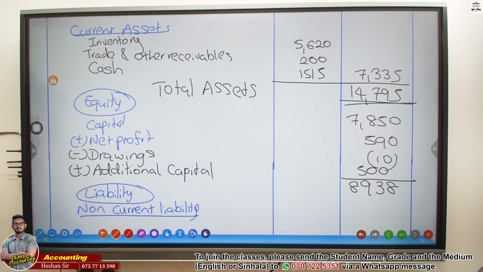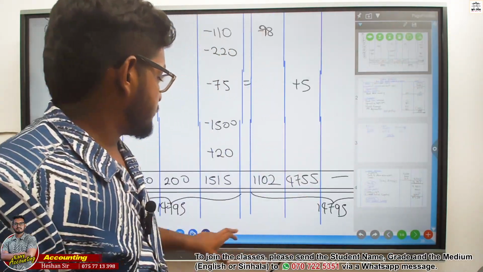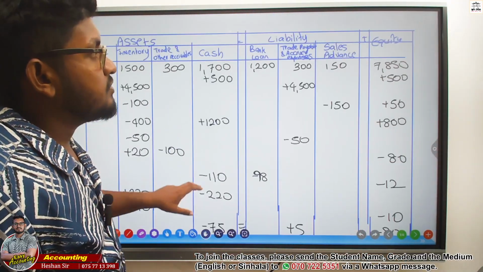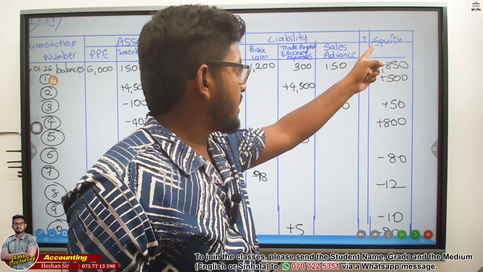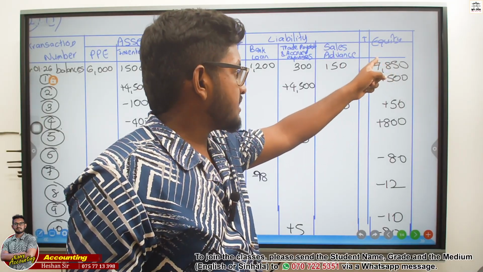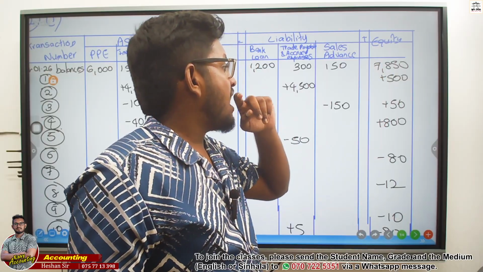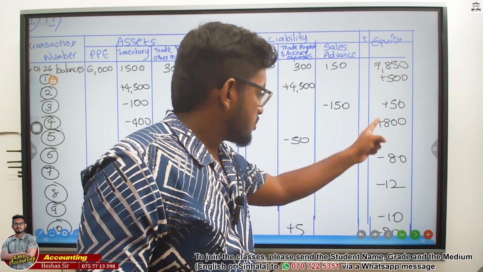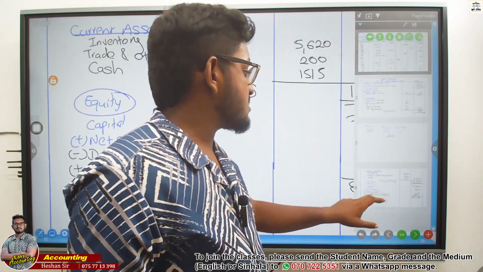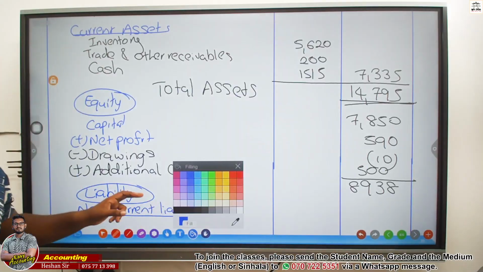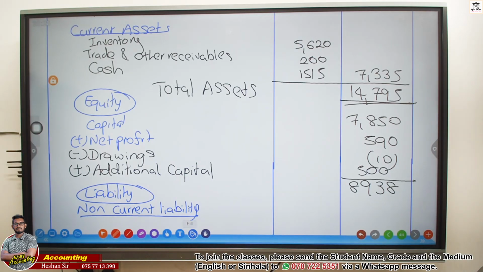Now, this equity calculation is a separate thing. To opening equity we add. In here, what we have done for opening equity means the capital, all the income we added, expenses deducted, as well as drawings deducted and additional capital added. But in this answer, we got the net profit, which means the difference between income and expenses, in the equity column.